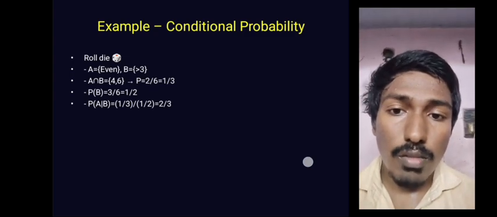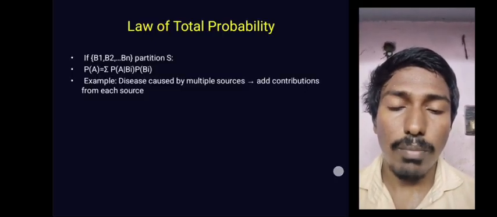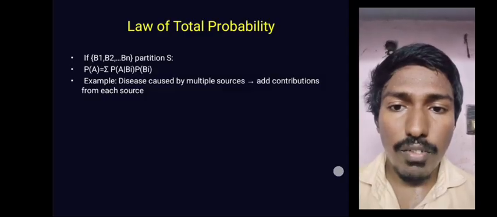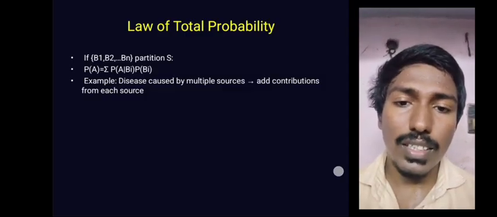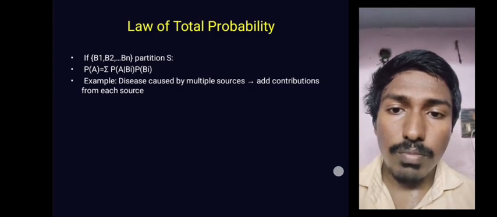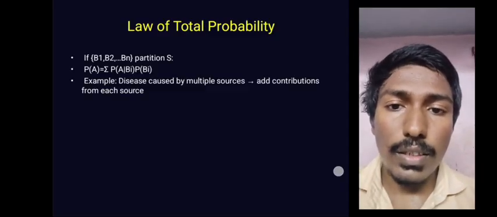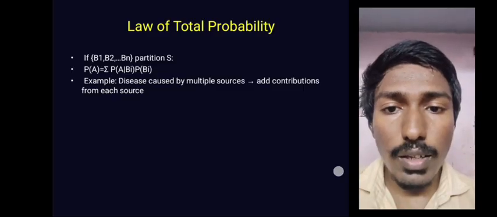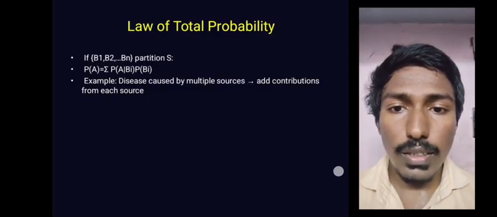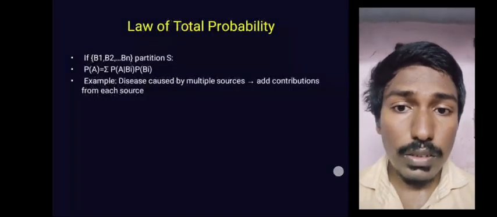Law of total probability. If we have partitions of the sample space, B1, B2, up to Bn, then P of A is the summation of P of A given Bi into P of Bi, where the Bi are partitions of the sample space.